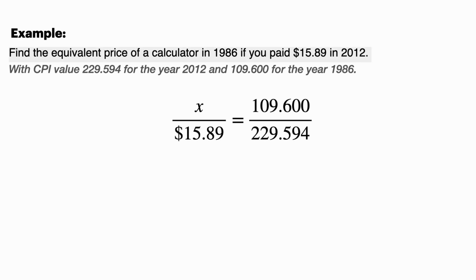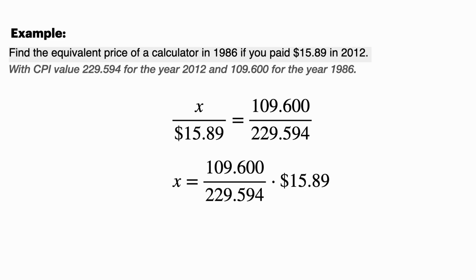On the left-hand side, I have the unknown value of the 1986 calculator. On the bottom, I have the 2012 price. And then on the right-hand side, on the top, is the CPI value for 1986. On the bottom right-hand side, we have it for 2012.